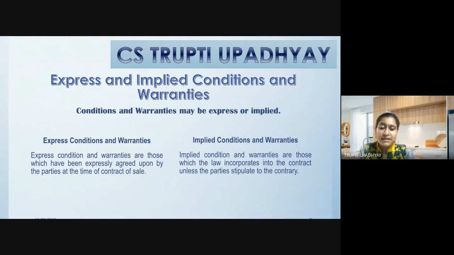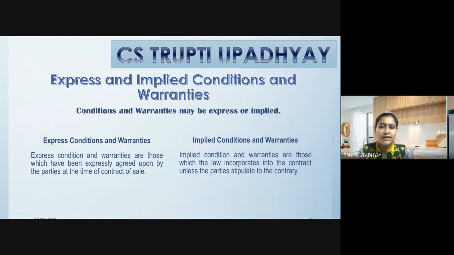But if the parties agree or stipulate to the contrary, this means that if the parties do not want to fulfill a condition which is an implied condition given by law, they can do so, but they have to first mention that condition in the contract expressly and say that this condition is given by law, but in our case it is not applicable, or both parties have given consent that they will not be fulfilling this condition in the present contract.